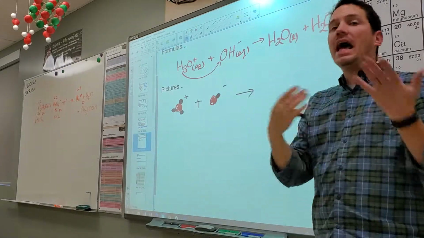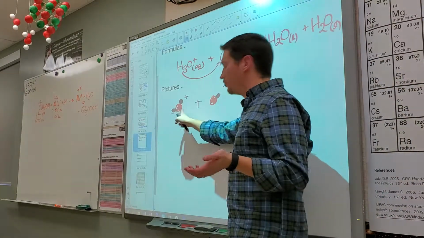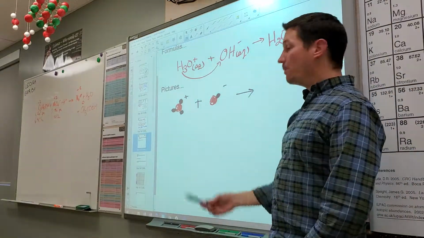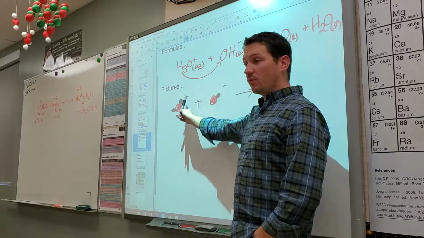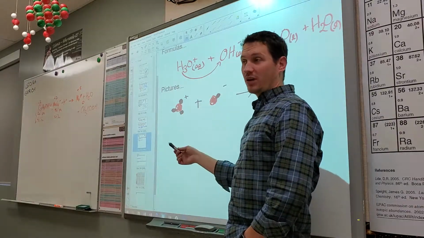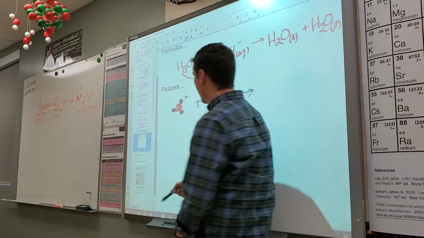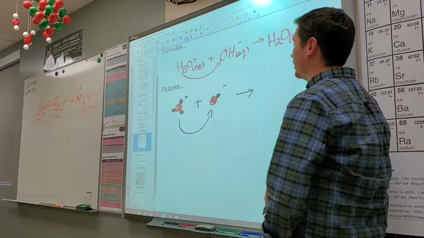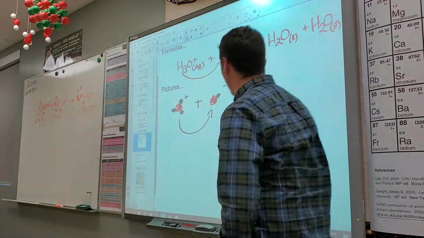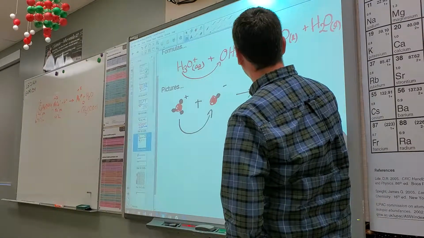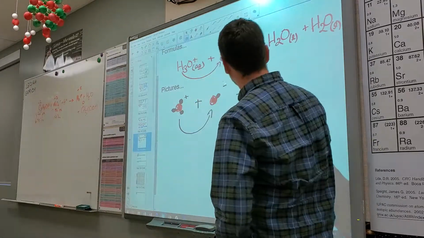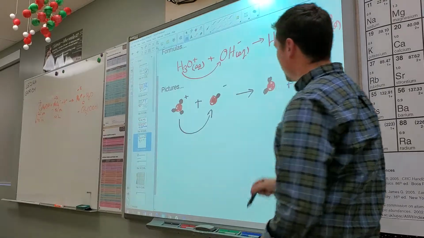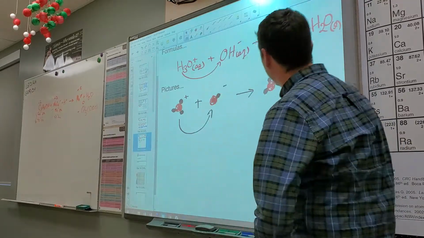And what's going to happen here? What happens between the hydronium and the hydroxide? What is getting transferred from one to the other? A proton, a single hydrogen ion. So this proton will be transferred from one to the other. And so we get a water molecule and we get another water molecule.